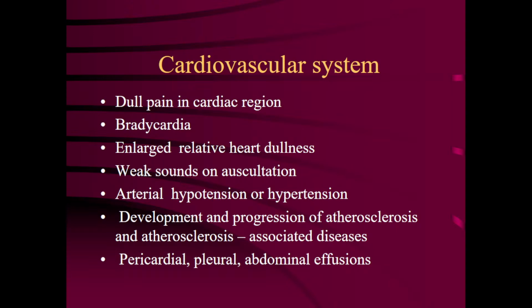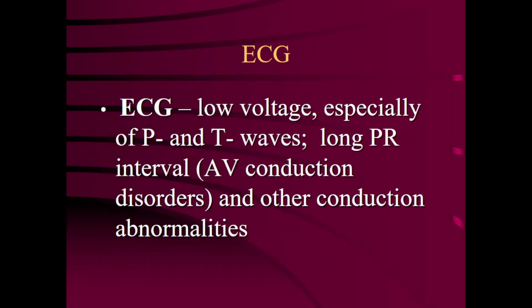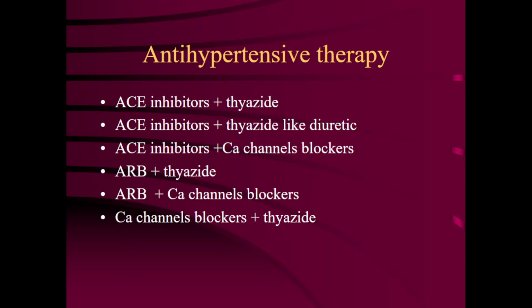And in severe course of hypothyroidism, we can detect pericardial, pleural, or abdominal effusions. On ECG, low voltage, especially of P and T waves, long PR interval, AV conduction disorders, and other conduction abnormalities.